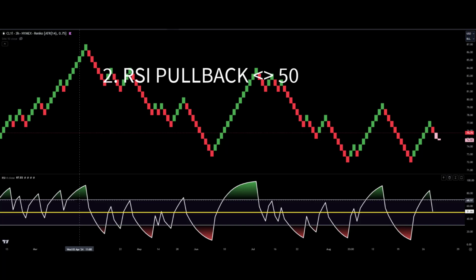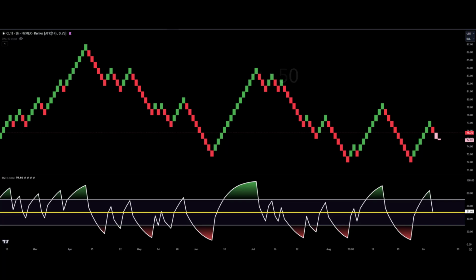Well, in a strong uptrend with obviously the green Renko bricks, wait for the RSI to dip below the 50 during a pullback, and then enter the trade when the RSI crosses back above 50 and a new green Renko brick forms. And it's the opposite for the downtrend, when the RSI goes above the 50, obviously during a pullback, then wait for it to go back below the 50 and the new red Renko brick forms, and you're off and away. Stop loss, take profit.